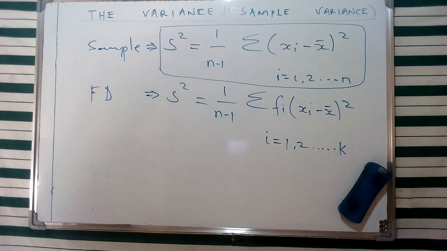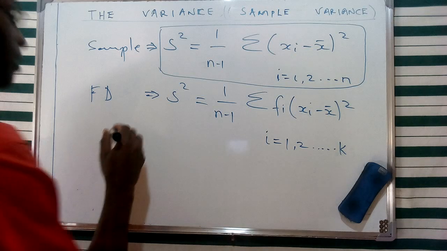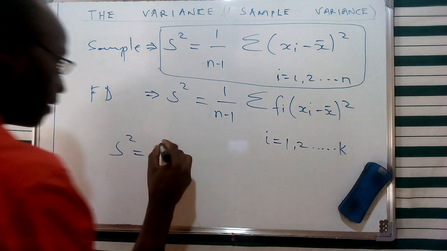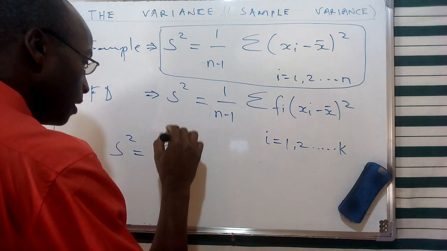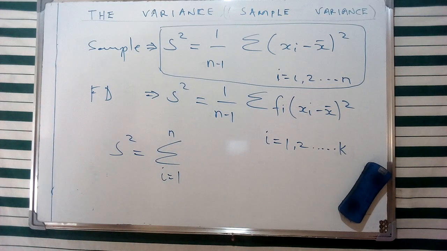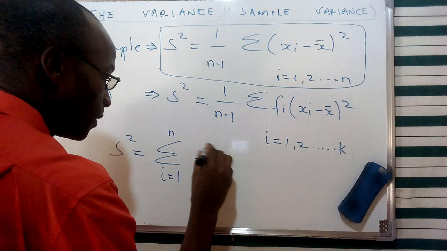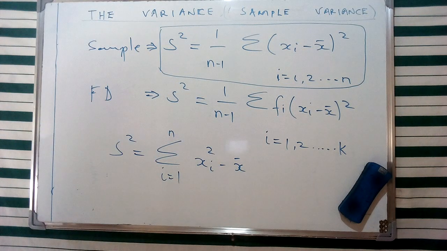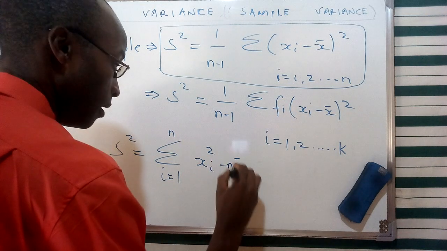Now in some cases we're going to come across the sample variance represented in the form of the summation from 1 to n of the squares of the values, minus the square of the average, times the number of observations.